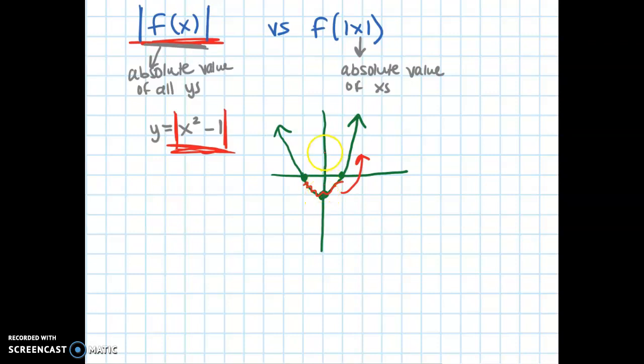So this vertex now comes right here. And this kind of curved pattern continues as it did on the bottom, but this is now more of a sharp point. So everything that was above the x-axis stays above the x-axis, and anything that is below moves up.